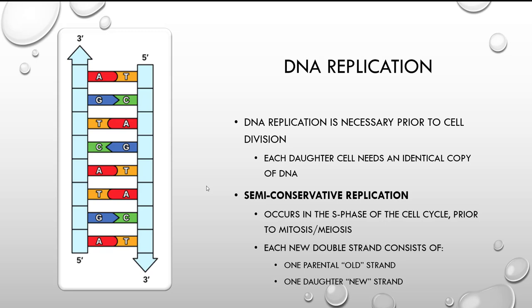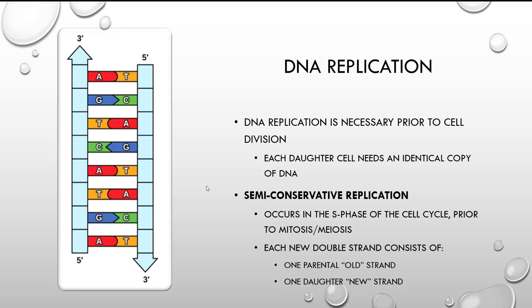Now this entire process occurs in what we call the cell cycle, and we'll go more into the cell cycle later on. It occurs before we actually go through cell division, which is the process of mitosis and meiosis. It occurs in a special phase of the cell cycle called the S phase.